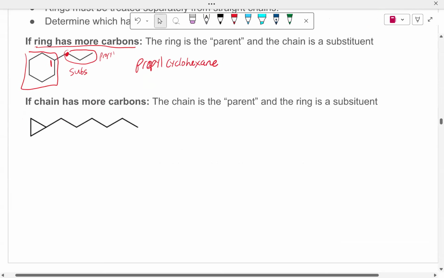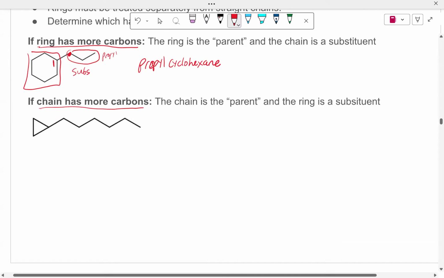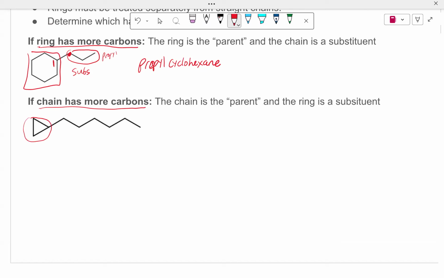Now, what happens if the side chain has more carbons in it than the ring? Here we have a 3-carbon ring, but a 1, 2, 3, 4, 5, 6 carbon chain. So now the chain is our parent, and the ring we treat like a substituent.